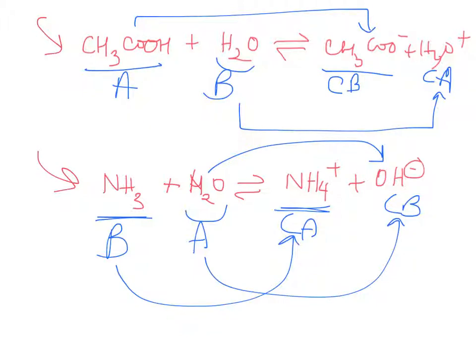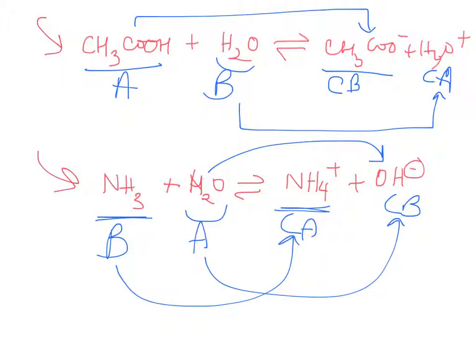So hopefully you can see, when you look at these two equations simultaneously, that water in one reaction is acting as an acid, in the other reaction it's acting as a base. So water is one of those rare species which, depending on what you put it with, can act both ways. It's neither solely an acid nor a base.